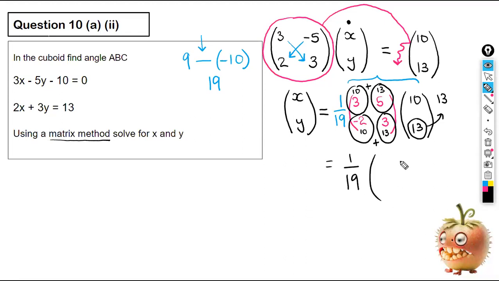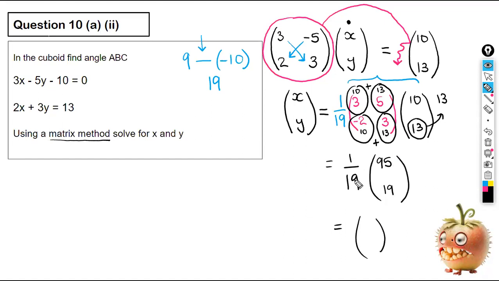Let's see what you will get on top and what you will get underneath when you multiply out the matrices. On top, I'm getting 95, and underneath, I am getting 19. Does that look correct? Now, when you do that, you have to divide.